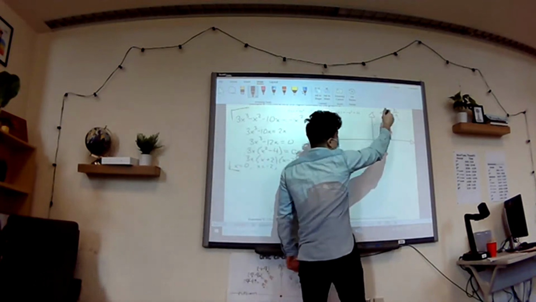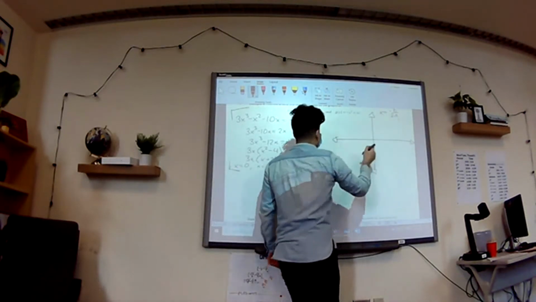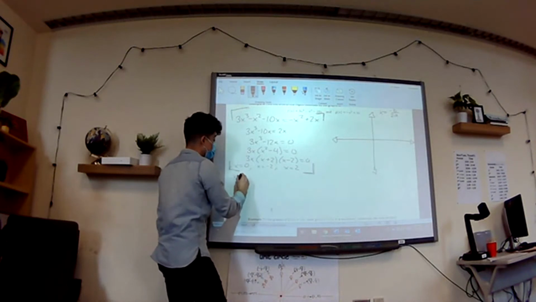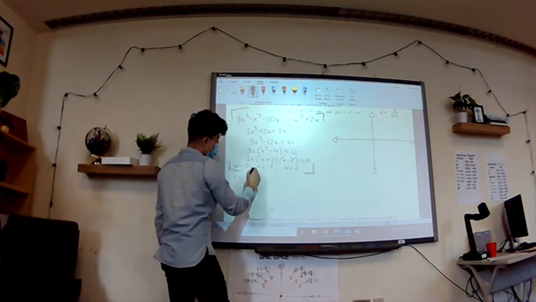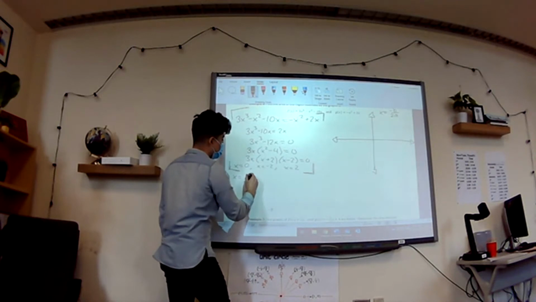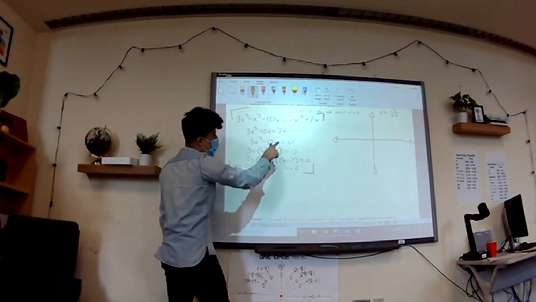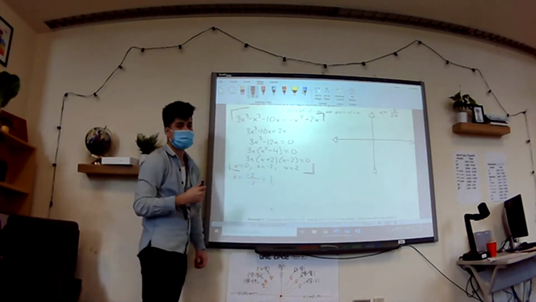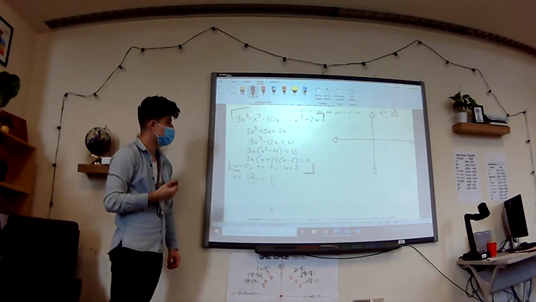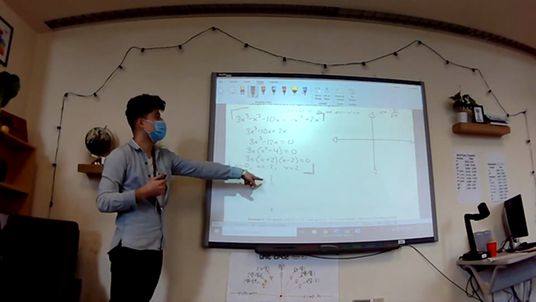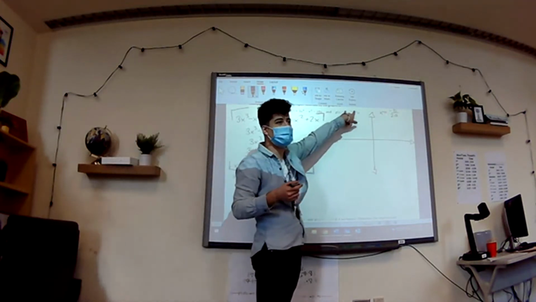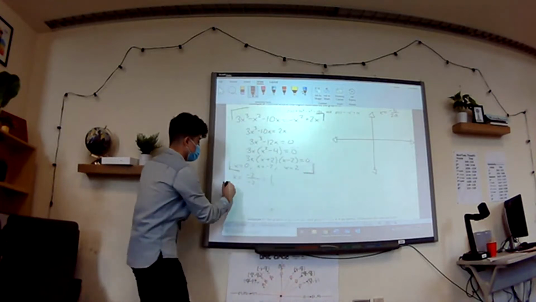Okay, so in this particular case, the x-coordinate will be, I don't want to crowd my graph, so let me do it down here. The x-coordinate will be negative b, which is negative 2 in this case, over 2 times a, which is negative 1. So negative 2 over negative 2, which is 1. There's the x-coordinate, and the y-coordinate you get by plugging it into your function.